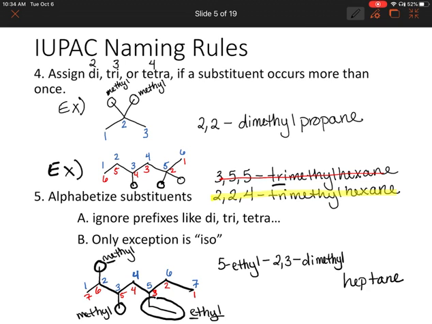Okay, now let's use the red numbering scheme. So we're still going to list ethyl first, but in this case, ethyl is on carbon 3, and then the methyl groups are on carbons 5 and 6.